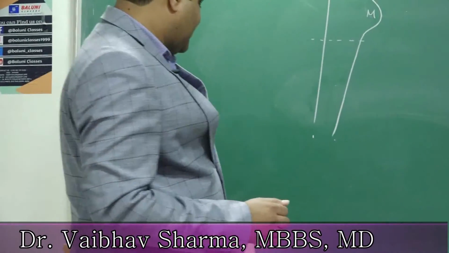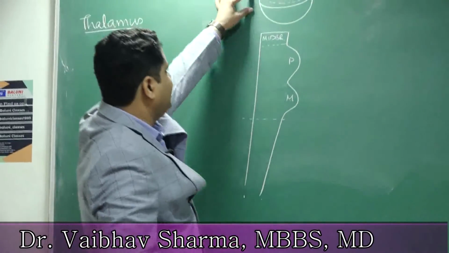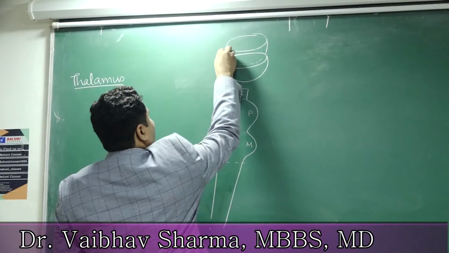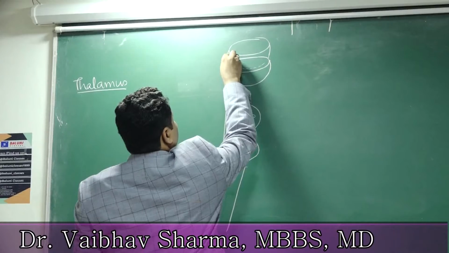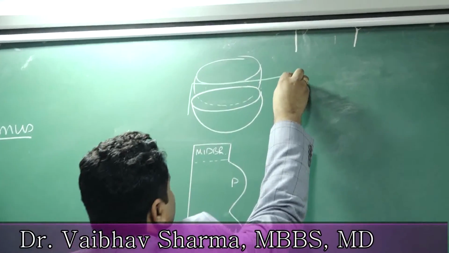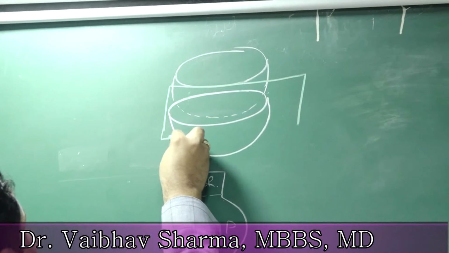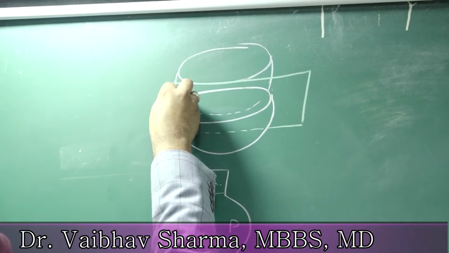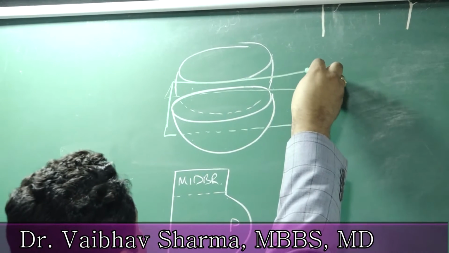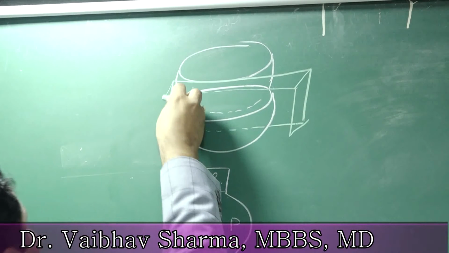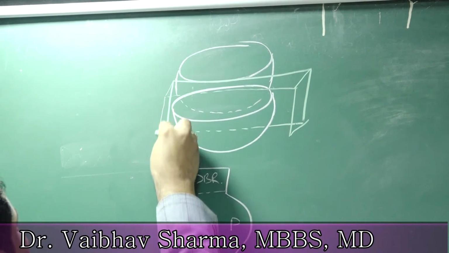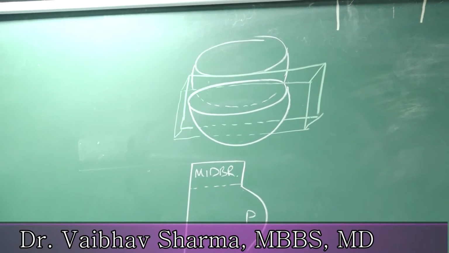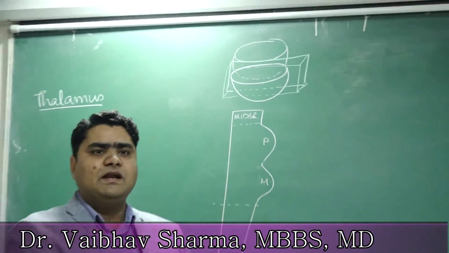If I draw the third ventricle here in between these two thalami, consider this as the third ventricle present between these two thalami. This is the third ventricle that is located between the two oval masses.